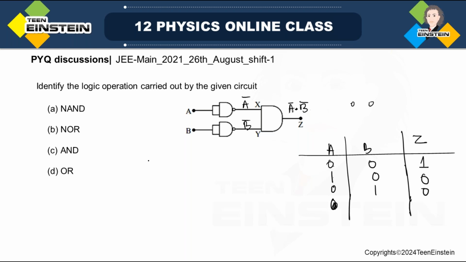See, we know NAND gate, if you have NAND gate here, suppose this is Y, this is A, this is B. So A and B whole bar, that means A bar, B bar.